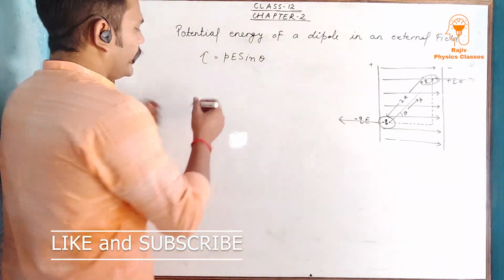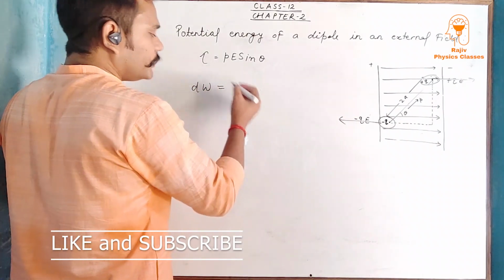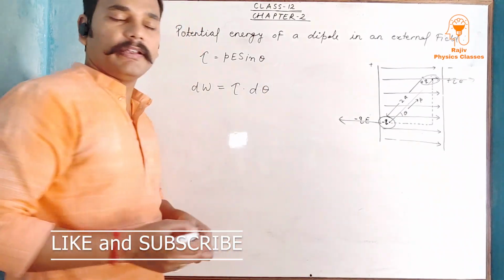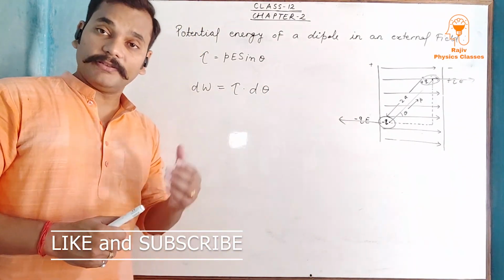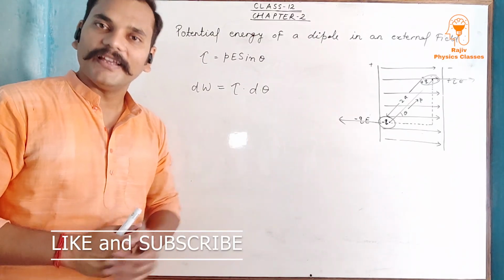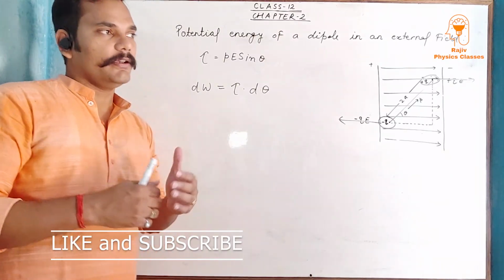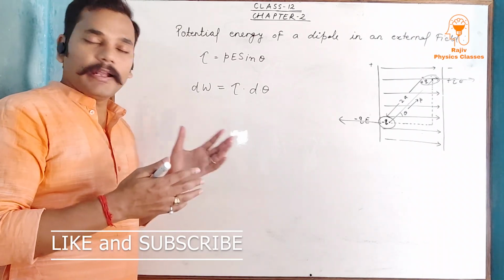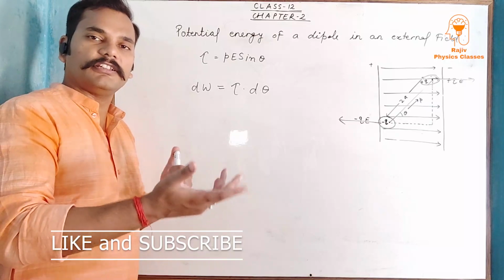So let's see. If a small amount of work is done, then this work done dW becomes tau into d theta. Some of you may wonder why the work done formula is tau into d theta. We have studied that the formula of work done is force into displacement. In case of linear motion of the body, we apply the formula work done dW equals force into displacement.